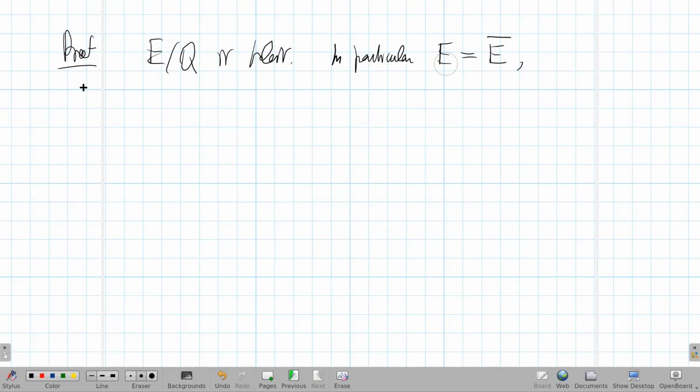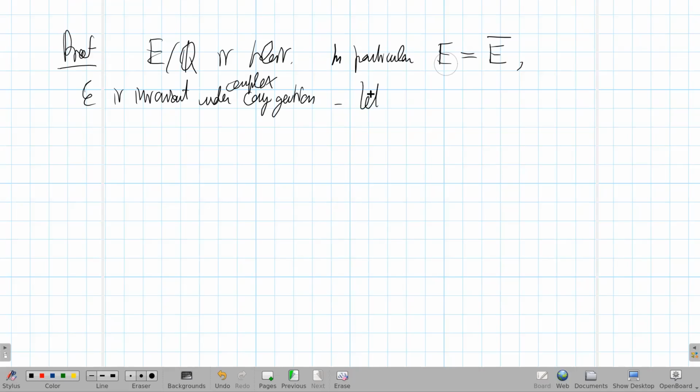E is invariant under complex conjugation. The reason, for instance, is that such an extension is a splitting field of a rational polynomial. And of course, if an element is a root of the polynomial, then its conjugate is also a root because the rational numbers are self-conjugate, okay?